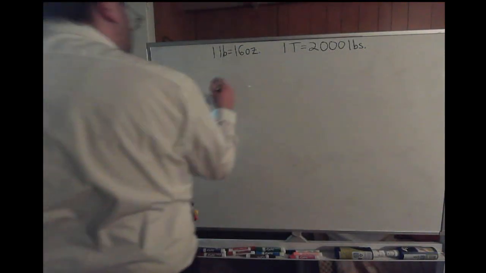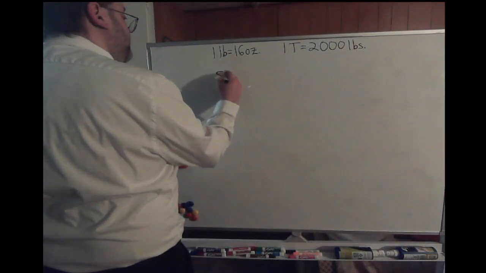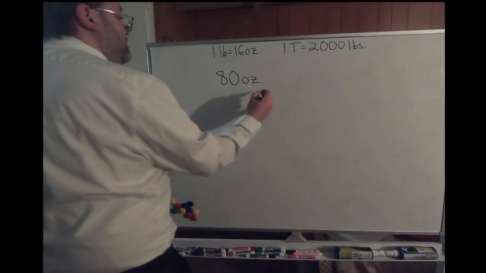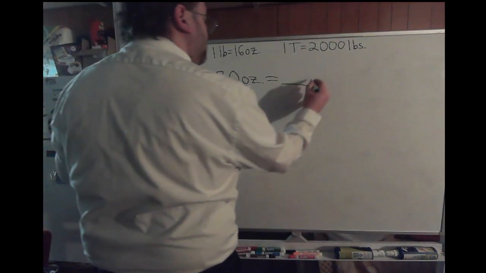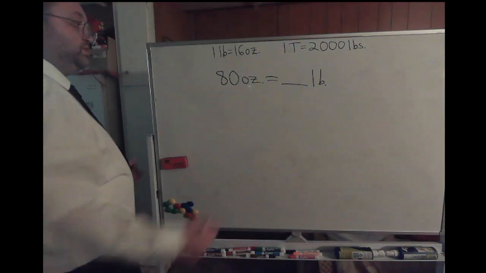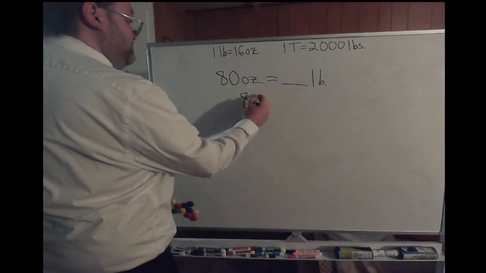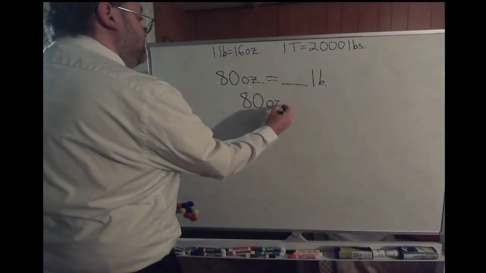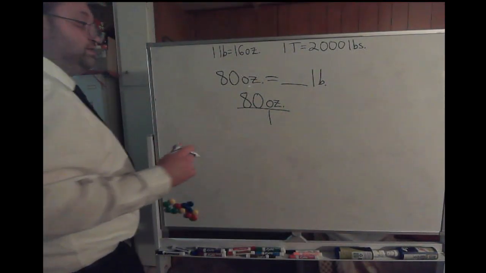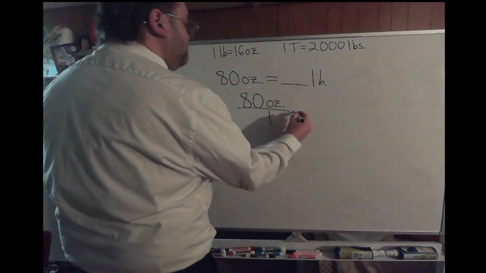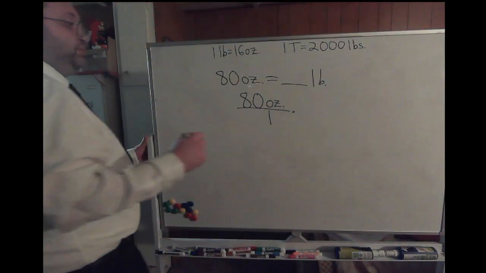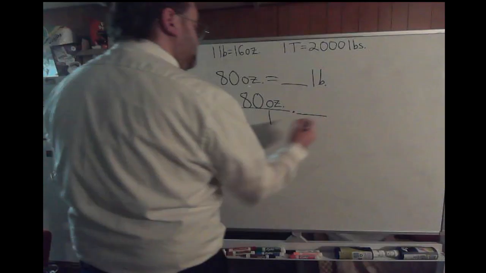How about, let's say we have 80 ounces. We want to convert that to pounds. So, of course, start with your 80 ounces over some guiding one. Now you want your ounces to be on the bottom of the next ratio, so your ounces will cancel out.